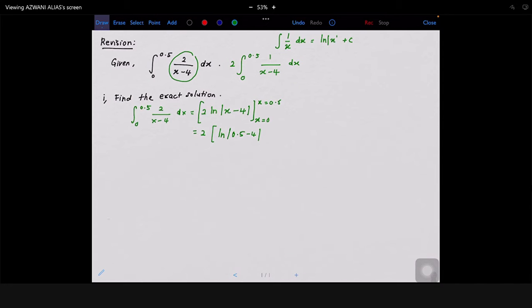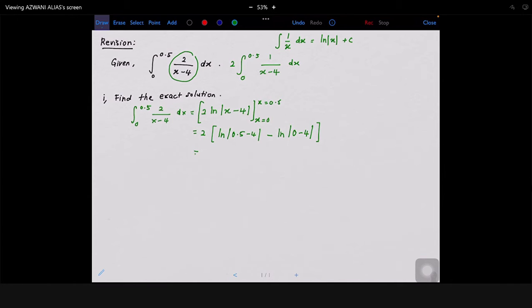Should be you have the modulus here kalau tak silap saya. Betul tak? Integrate 1 over x, you akan dapat ln modulus x. Is it true? Ingat tak? Anyone? Should be modulus x, right?